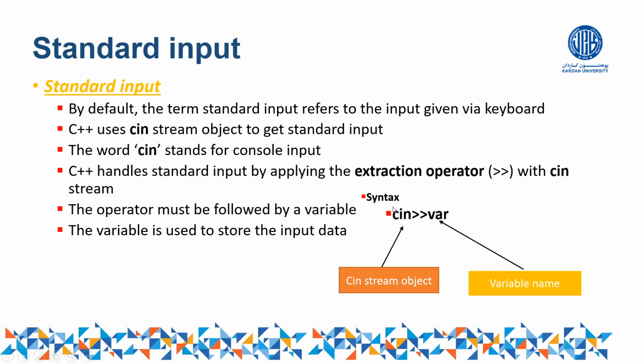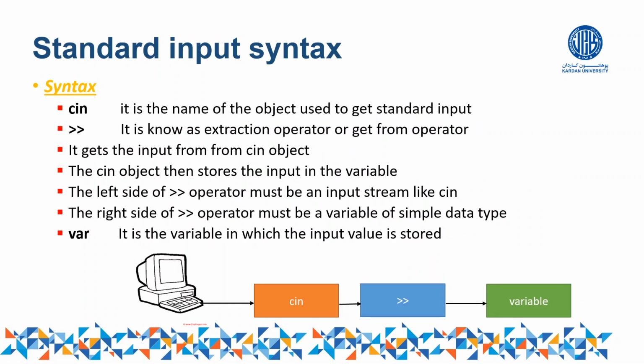Keep this in your mind: the object stream must be on the left side of the extraction operator, and the variable should be on the right side. The right side of the extraction operator must be a variable of simple data type. The type of the variable can be integer, float, or character. And var is basically the variable in which the input value is stored.